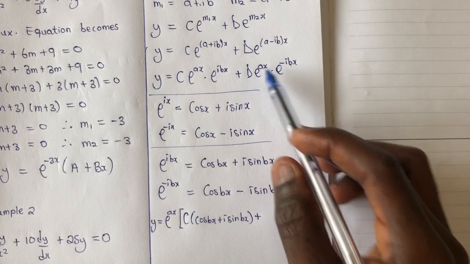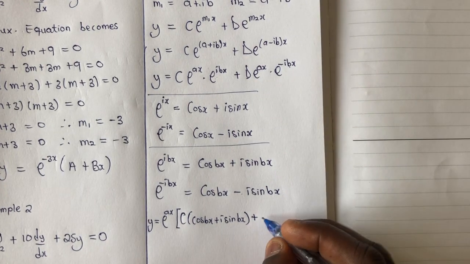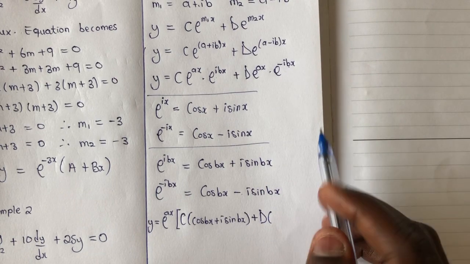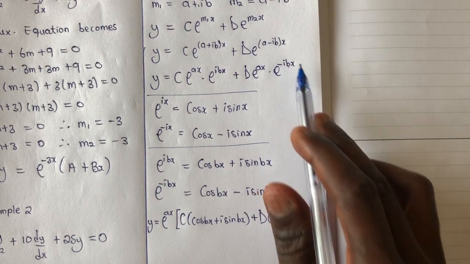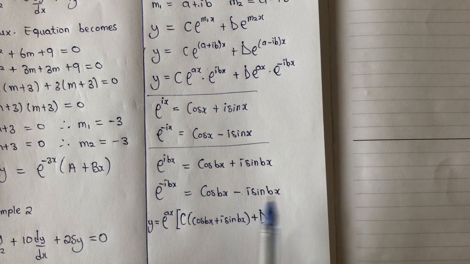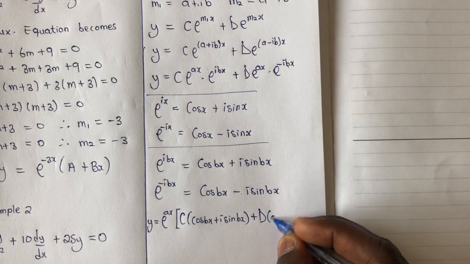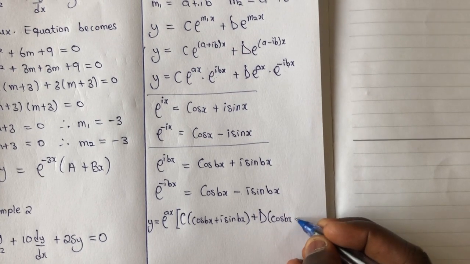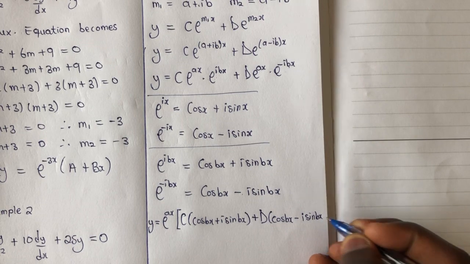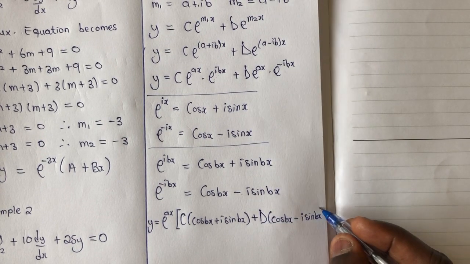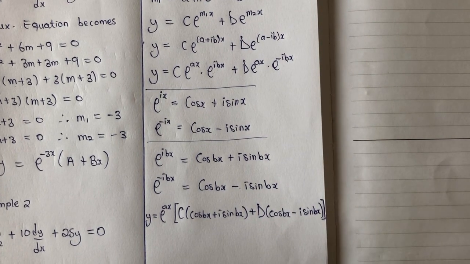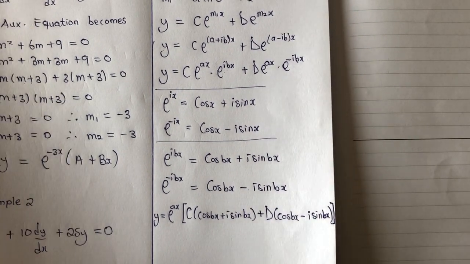I've already factorized this one, so I'll put my d, then into bracket I will substitute cos bx minus i sin bx, and close the bracket. Then there's one big bracket I need to close. The paper is not big enough.